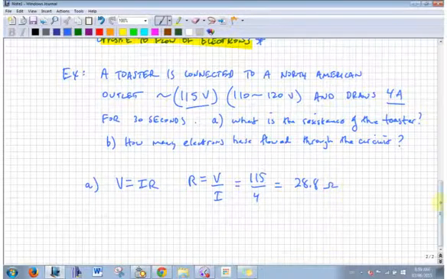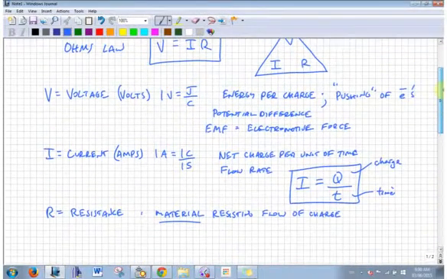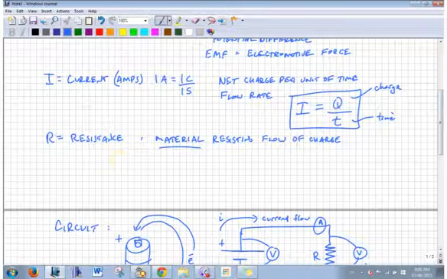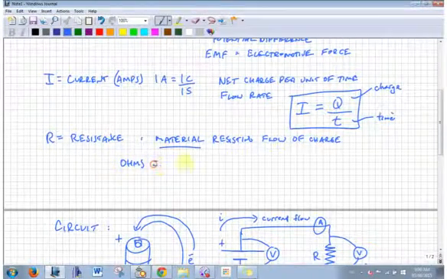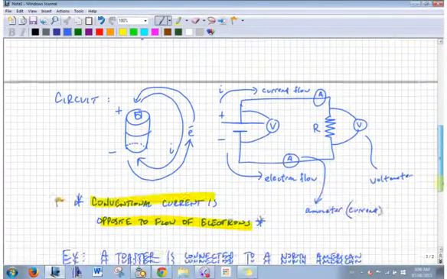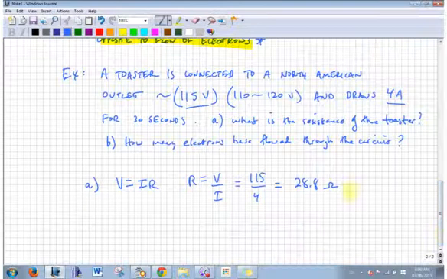Is that in the notes? No? Resistance, material. I didn't. It's in ohms. Symbol, Greek letter, omega. I don't think I did that. Okay, so 28.8 ohms. That's easy.